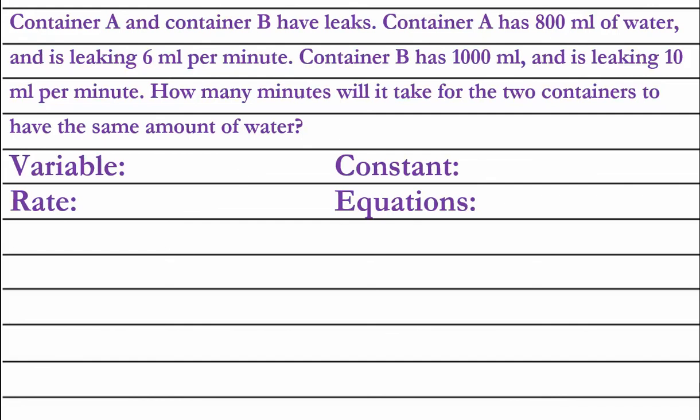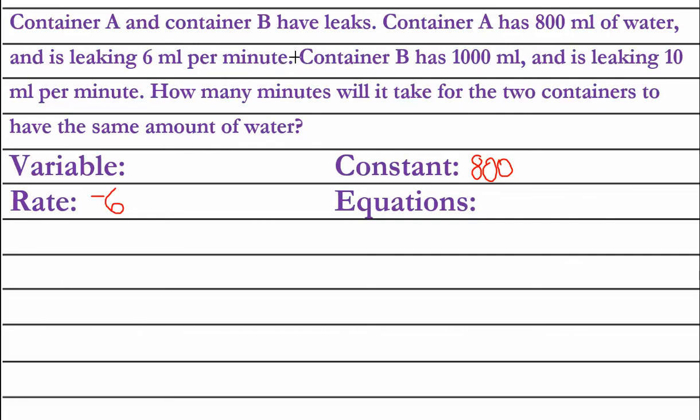That sounds like a constant to me. So we're starting off with 800, and then we hear that it's leaking at 6 milliliters per minute. So right there on the rate, we've got this 6, but notice since it's leaking, our water level's decreasing, so we're really changing at a rate of -6.